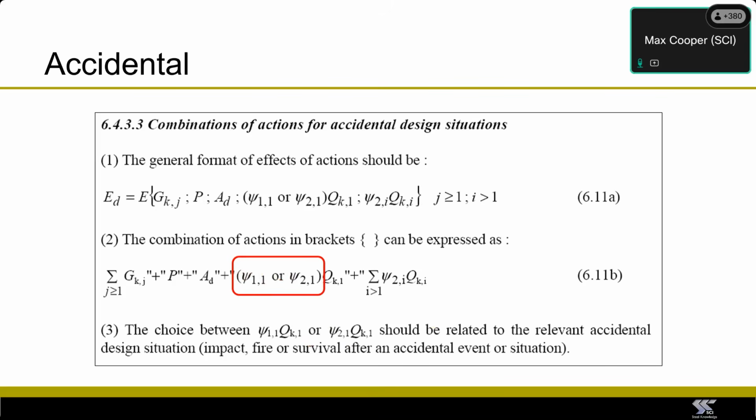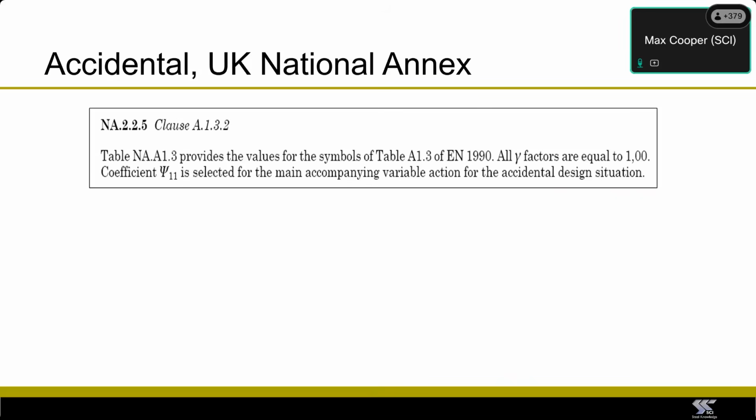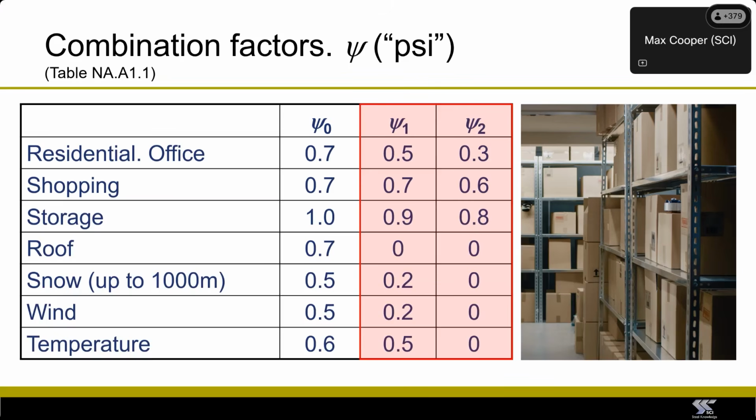So thankfully, the UK National Annex has cleared that up. If we now go back to table NA.A1.1 from the UK National Annex, we can see we have a range of different combination factors, psi 1 and psi 2, that we use in the accidental combination.